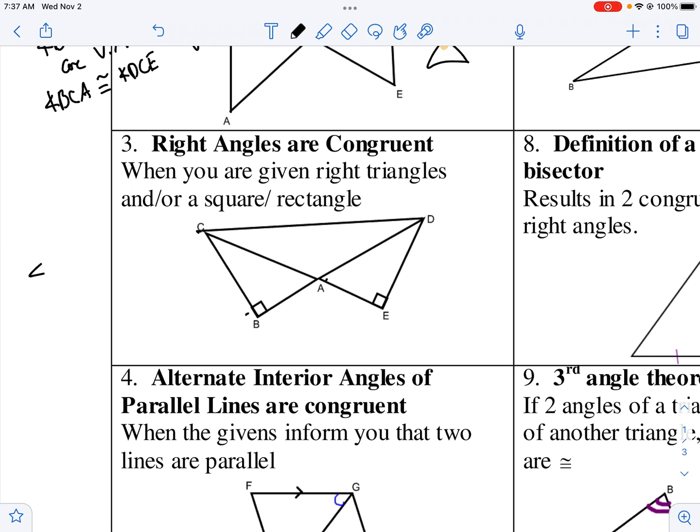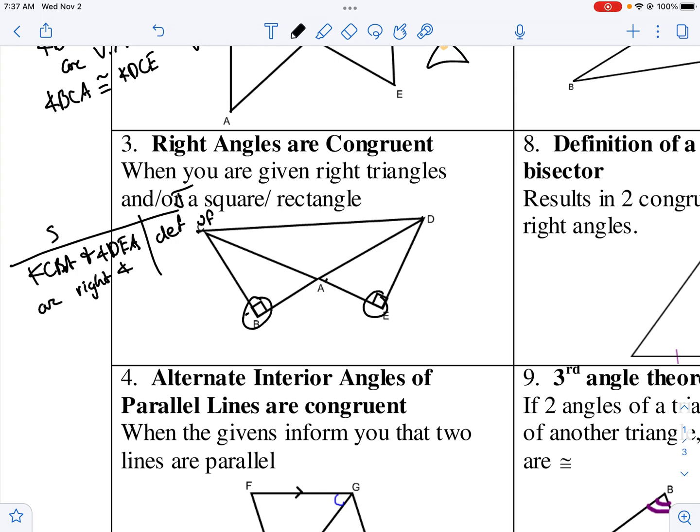Angle CBA and angle DEA are right angles. That's our statement. Our justification is, well, these marks. So definition of right angle.